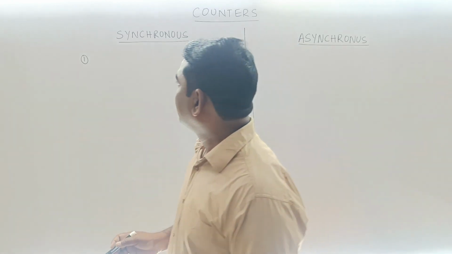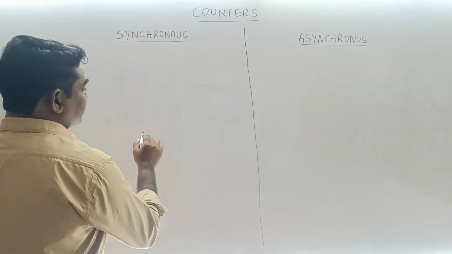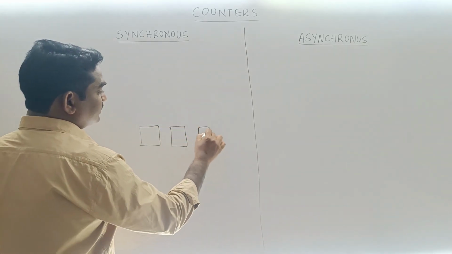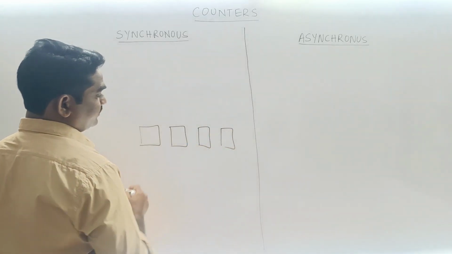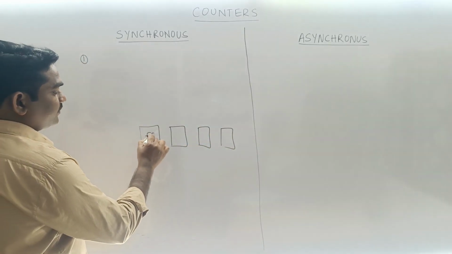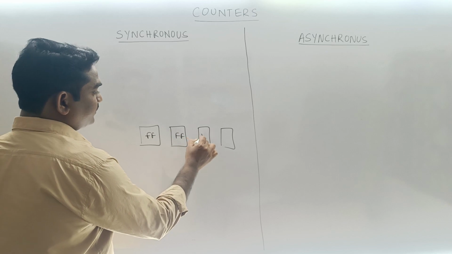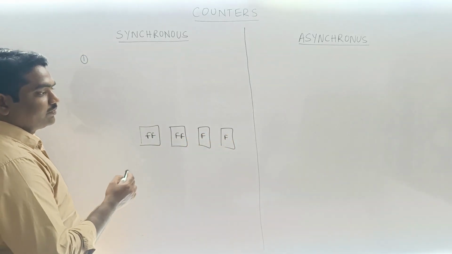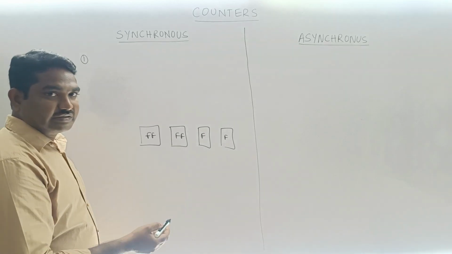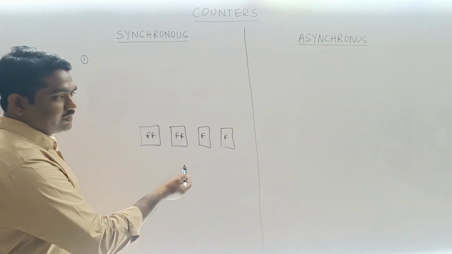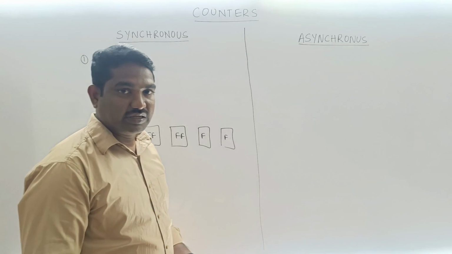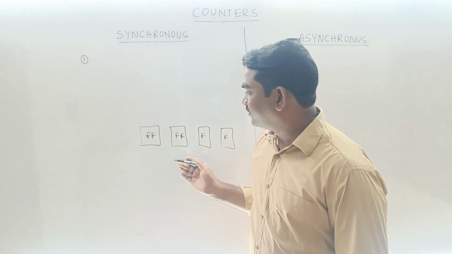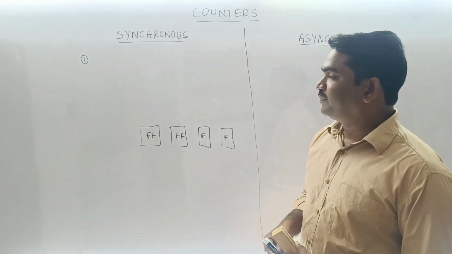If you see the circuit diagram of flip-flops, here this is one flip-flop, 2, 3, and this is 4 flip-flops, and we are connecting these flip-flops one by one. That is the reason we are connecting all these flip-flops in a cascaded form, so a counter is a design of cascading connection of flip-flops.